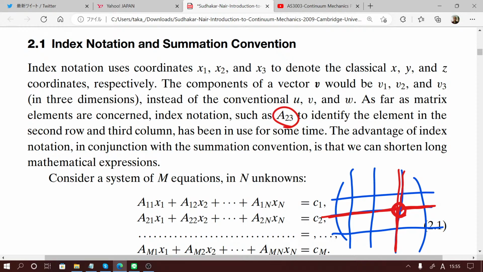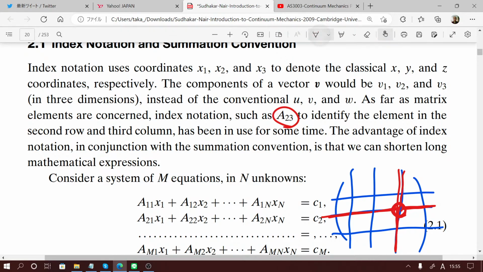The advantage of index notation in conjunction with the summation convention is that we can shorten long mathematical expressions. Consider a system of m equations in n unknowns.